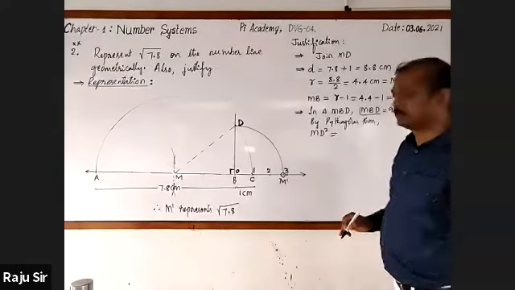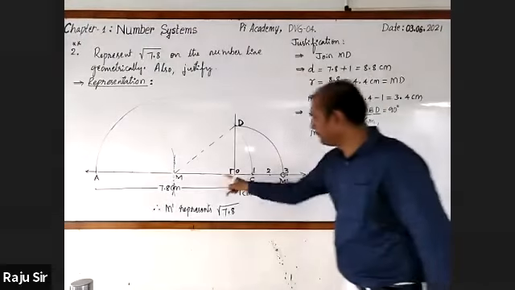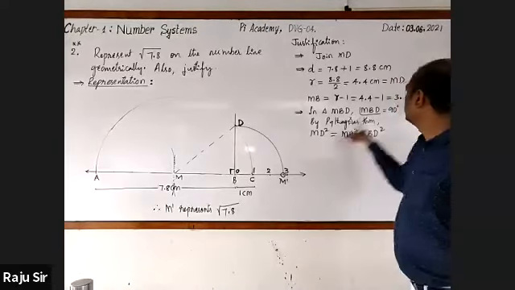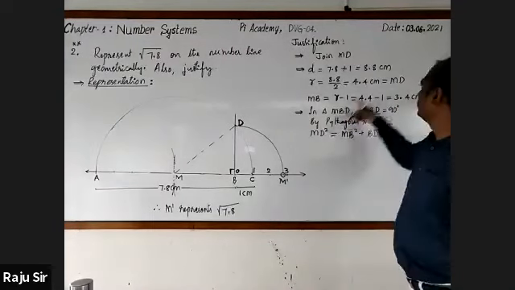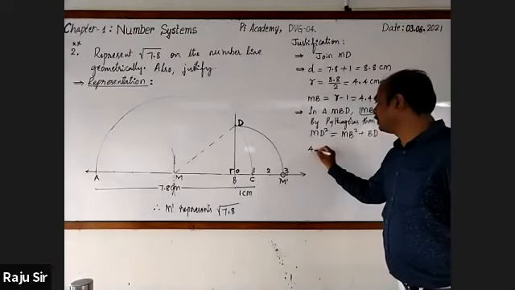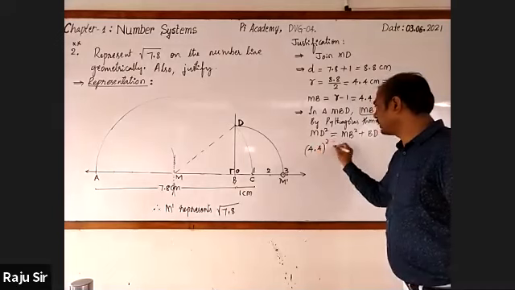MD square is equal to MB square plus BD square. Where MD is nothing but 4.4 whole square.